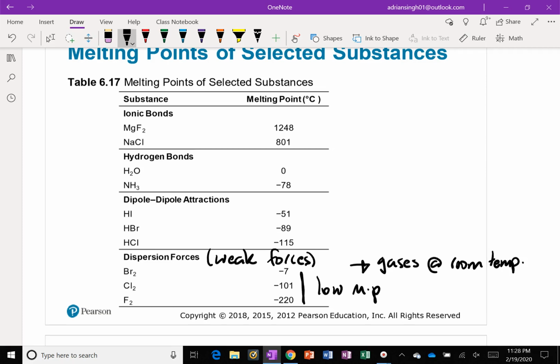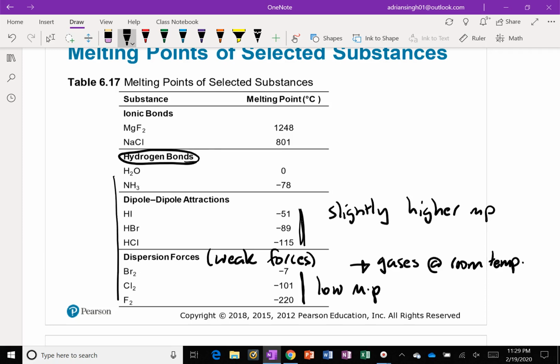With the dipole-dipole attractions, we'll see that generally these have a slightly higher melting point. And if we look at the strongest out of the three so far, the hydrogen bonds, compared to the ones below, the dipole-dipole and the dispersion, the hydrogen bonds are the strongest out of the three.